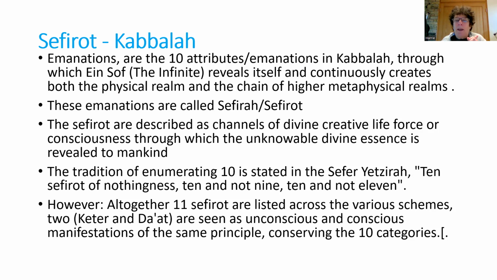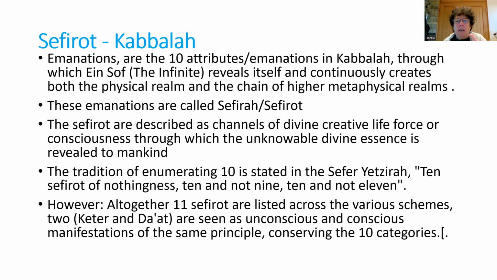However, altogether, in fact, we tend to look at 11, because there's various schemes, I'll show you in a second, where either at the top, this understanding, this door that opens into your consciousness, can be played against your unconsciousness, this Keter. And so we end up with putting 11 down, although there are only 10.